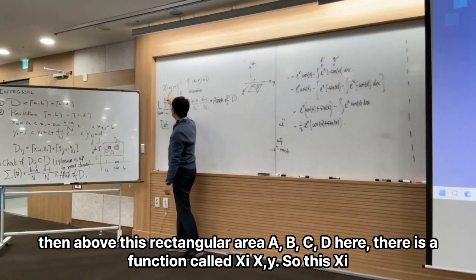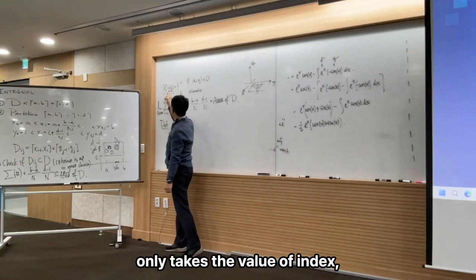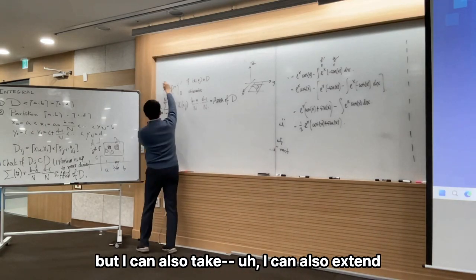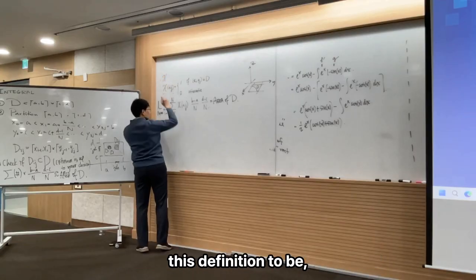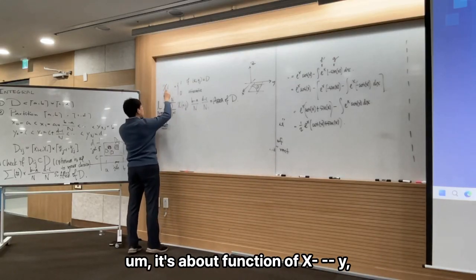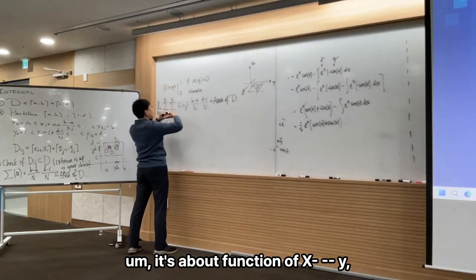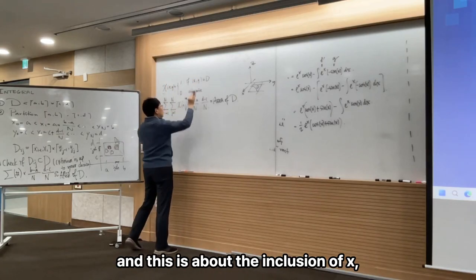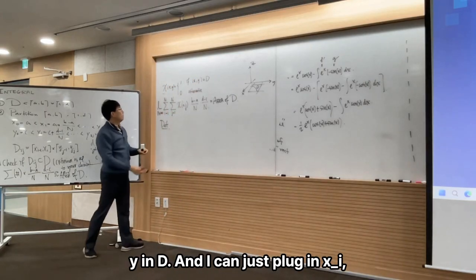So this psi only takes the value of the index, but I can also extend this definition to be a function of xy, and this is about the inclusion of xy in D.